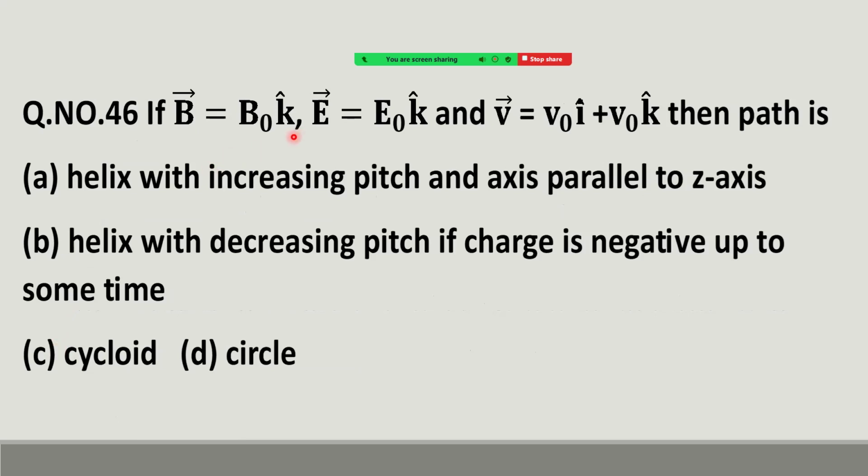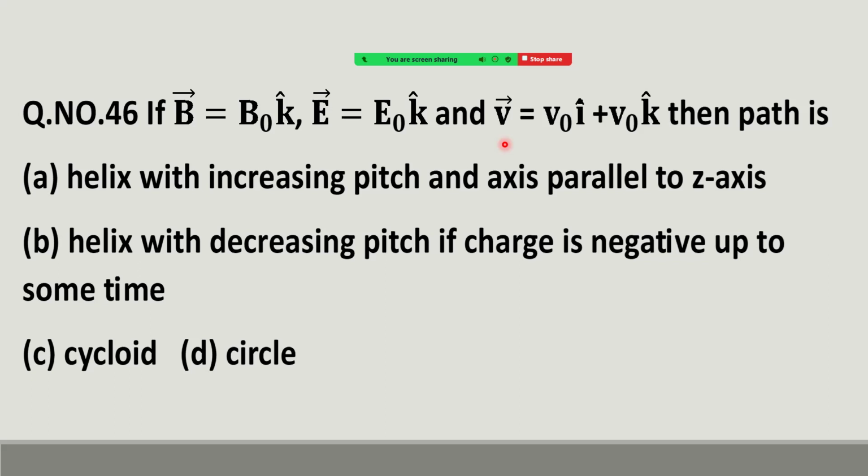So coming to the previous question and this question, the only change is that velocity is having one more component. Okay. Then see where the change comes. Because of this, already we have seen it is a helical path with increasing pitch. Now here also the same thing. It is a helical path with increasing pitch.